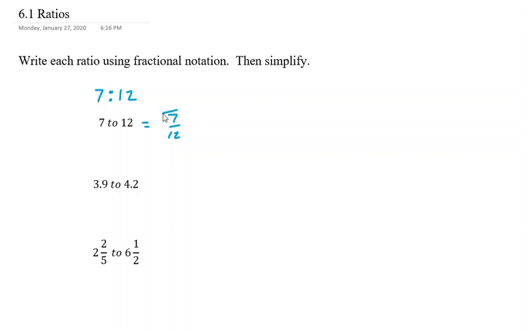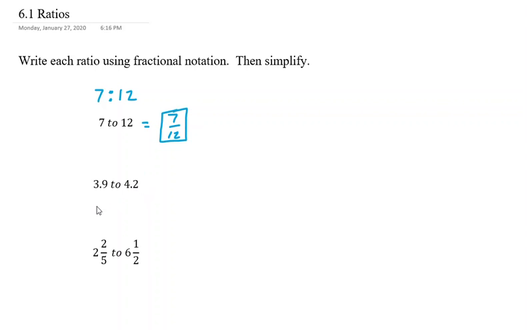Oh my goodness, this is off to a bad start. 7 over 12, 7 to 12, 7 to 12, 7 over 12. Those are all equivalent forms of ratios. Now you probably know that 7/12 cannot be reduced. That fraction cannot be reduced, so we're not going to be able to simplify it. Now let's do the next one.